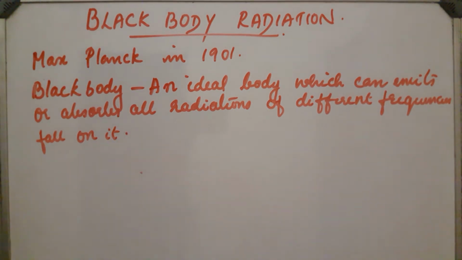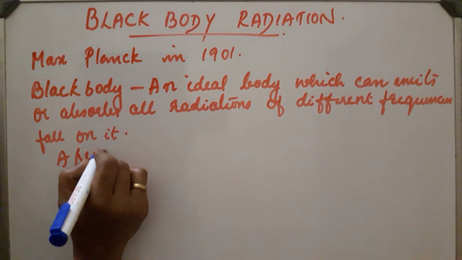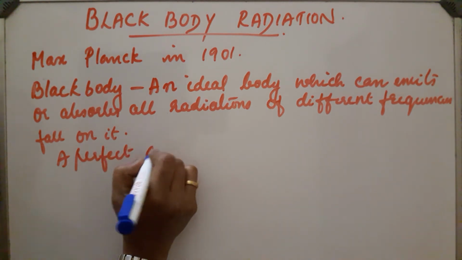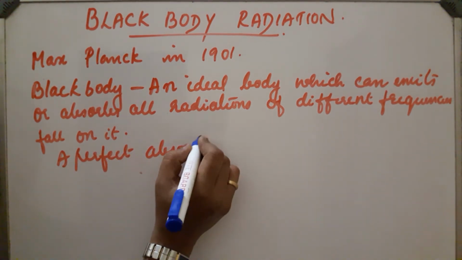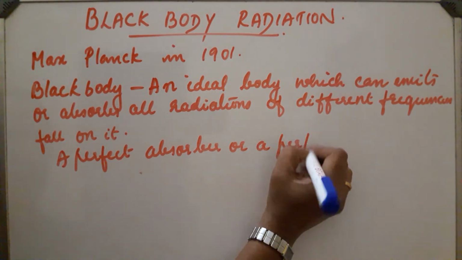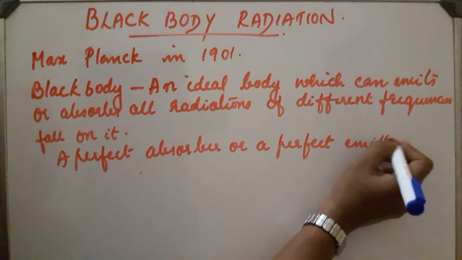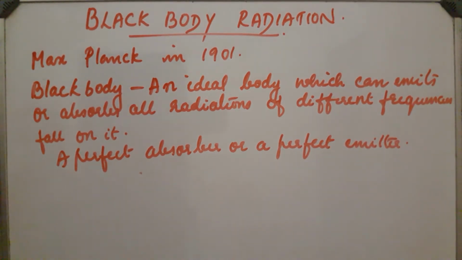So we can say a black body is a perfect absorber or a perfect emitter. But this is only a hypothetical concept. Such a body is never seen anywhere.